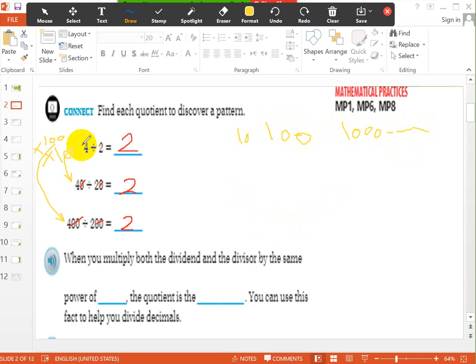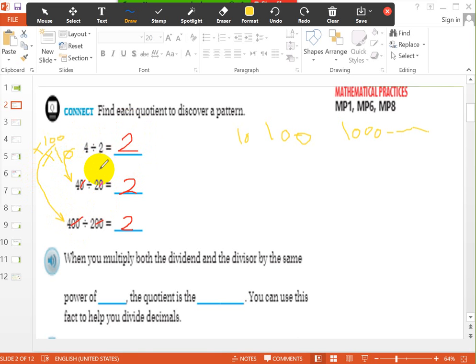So if I multiply both by 10, or if I multiply both by 100, the quotient will be the same.